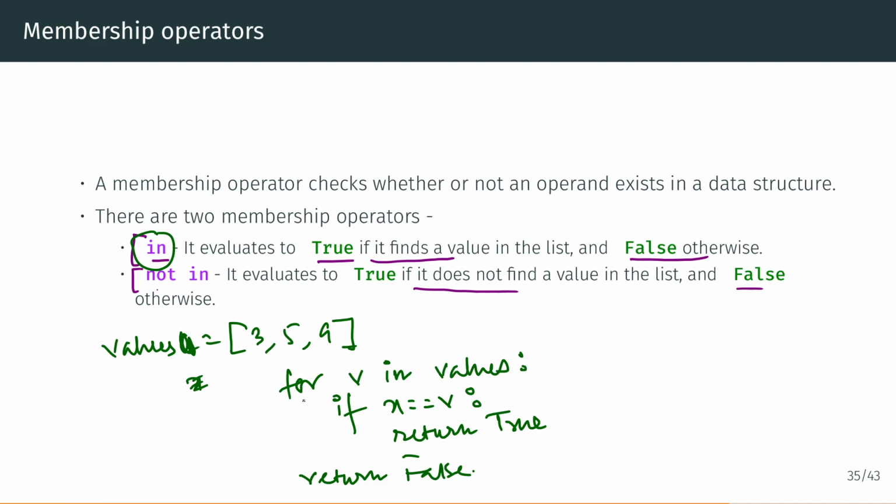How would you find if a particular value x exists in a list of values or not? What you normally do is for v in values, if x equals v, then you return true, which means yes, it does exist. Else, if you're completely out of the loop and you still haven't returned true, there's only one possibility, which is it's false, which means the value x does not exist in the list of values.